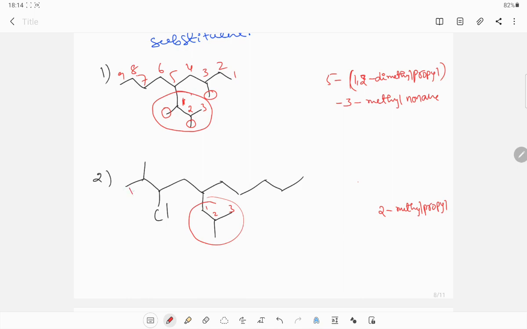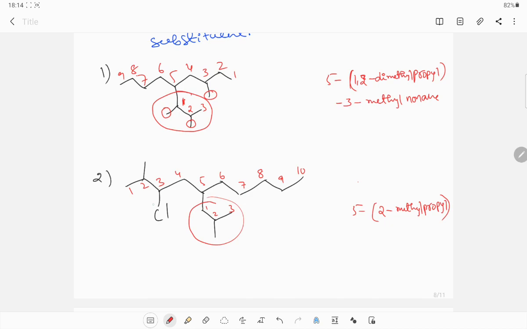And numbering we need to give 1, 2, 3, 4, 5, 6, 7, 8, 9 and 10. This is present at fifth position. The fifth position has a complex substituent, that's why it is enclosed with brackets. Inside the bracket is the complex substituent, 2-methyl propyl.